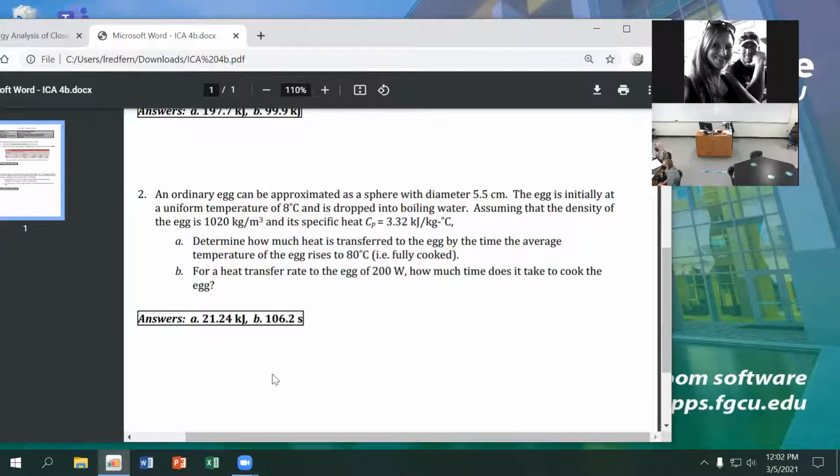And then what are you using for your volume? I realized it's a sphere, but I forgot what the volume is. Just Google, especially in class activities, either ask me or just Google what the volume is.